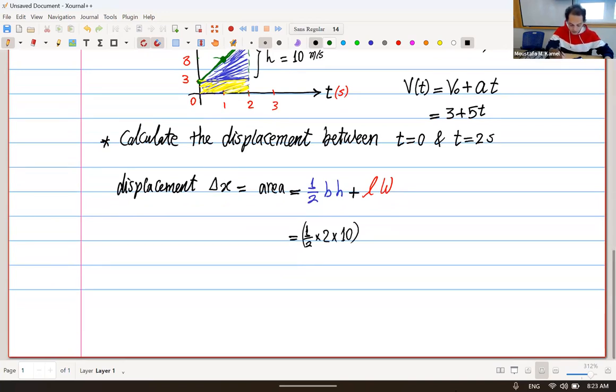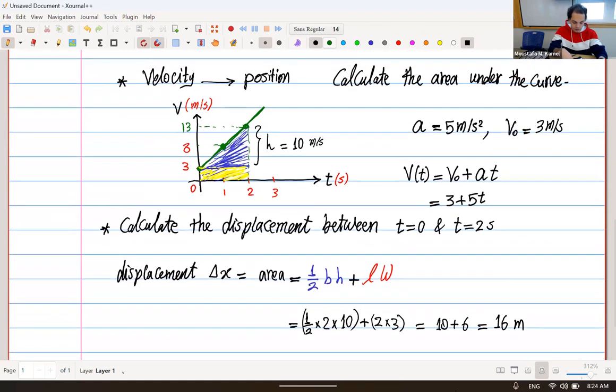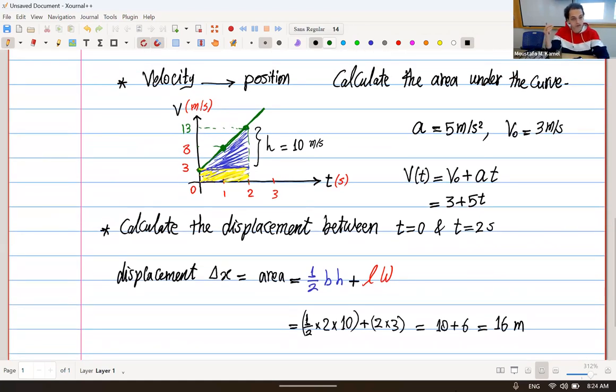This is the area of the triangle, and then the area of the rectangle is the length, 2 seconds, times the width, which is 3 meters per second. 2 times 3. So this is equal to 10 plus 6, which is 16 meters. So the displacement covered by this object from time equal to 0 to time equal to 2 is 16 meters. This is how you get it from a graph.